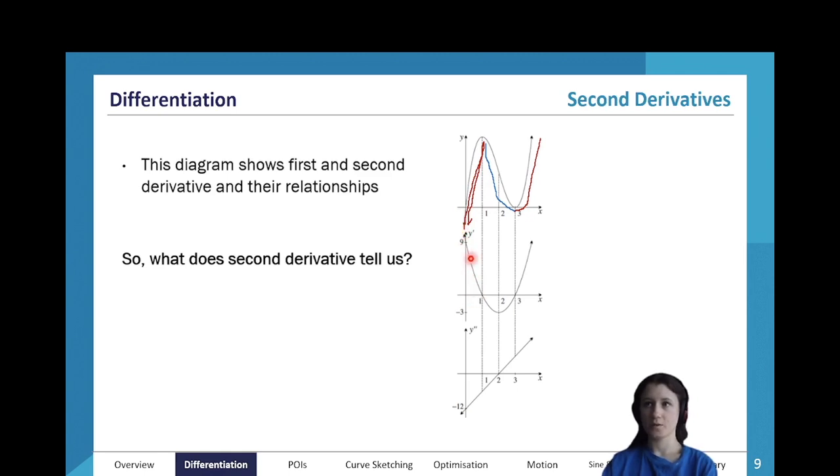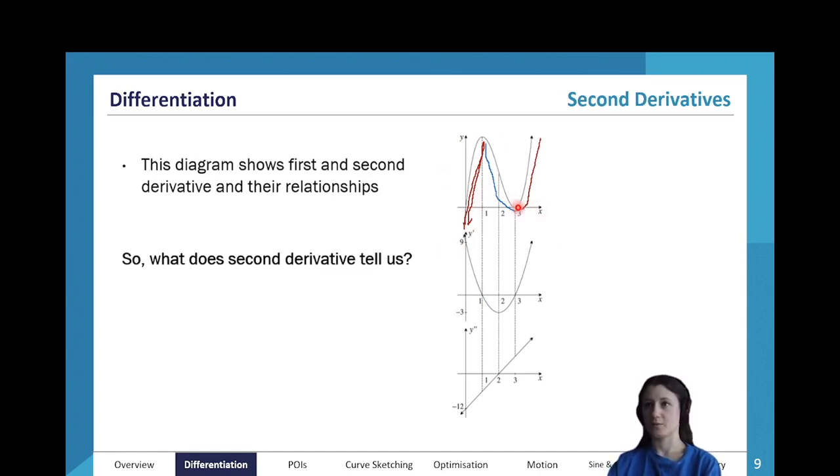So when the gradient of the function is positive, our gradient function will be above the x-axis. And this makes a lot of sense, right? Because when it's above the x-axis, it means that the y value is positive. And remember, the y value here is just our gradient. So this makes a lot of sense.